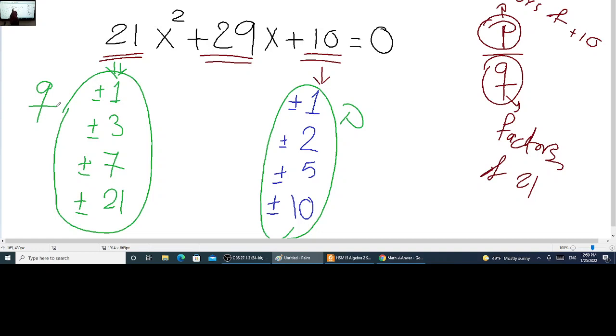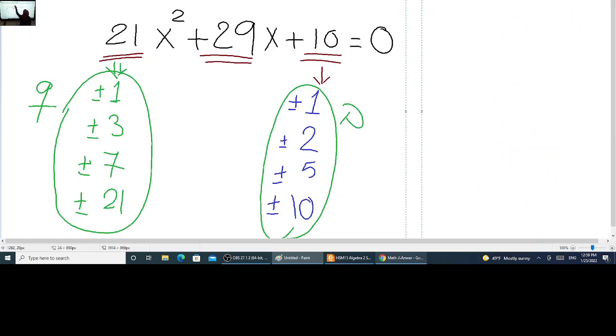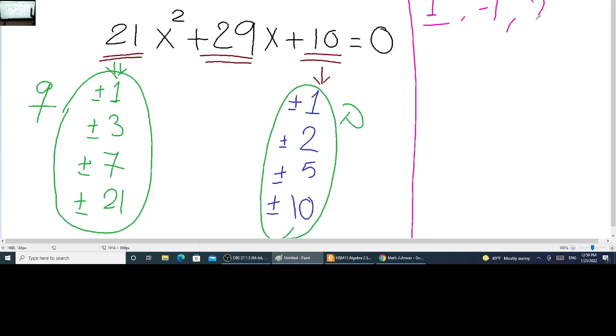So the solutions of this equation will be 1 over 1 or negative 1, it's 1, or minus 1 over 1, it's minus 1, or 2 over 1 or negative 2, or plus minus 5, plus 5 minus 5 plus 10 minus 10.